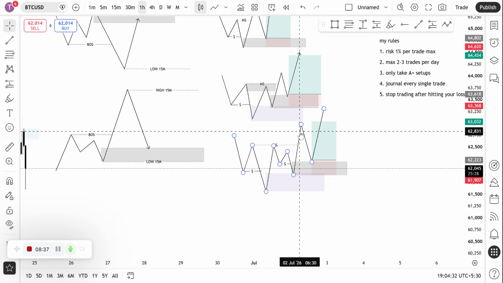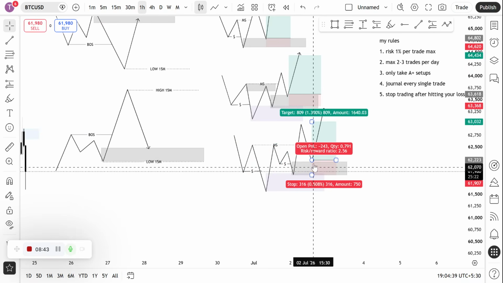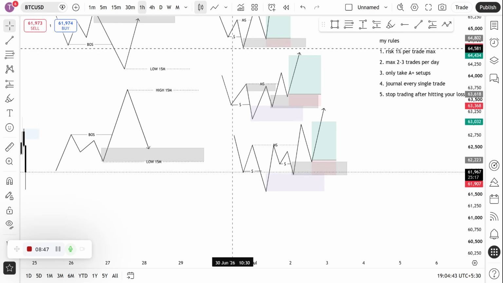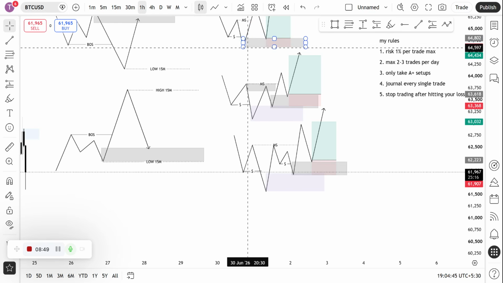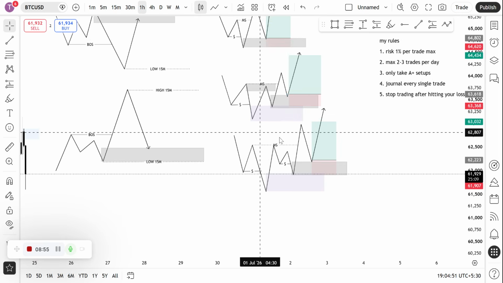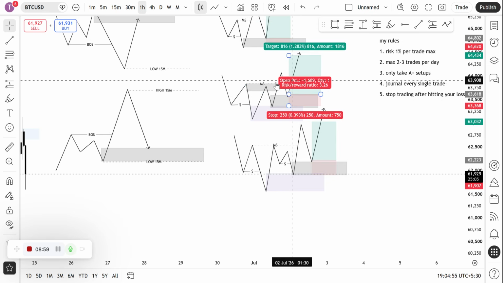And then the last stage, you are waiting for the market to come back to your flip plus sweep zone, or to your flip zone, or to your order block that causes the market to push to the upside, and then you enter the market right here. So that's what we want to see for us to enter the trade.